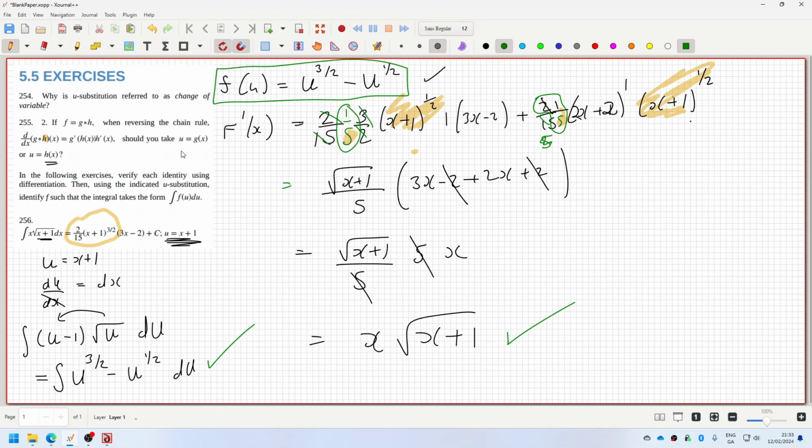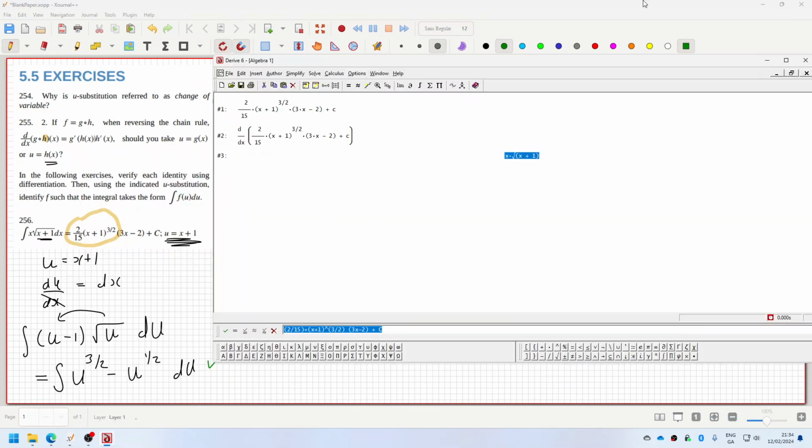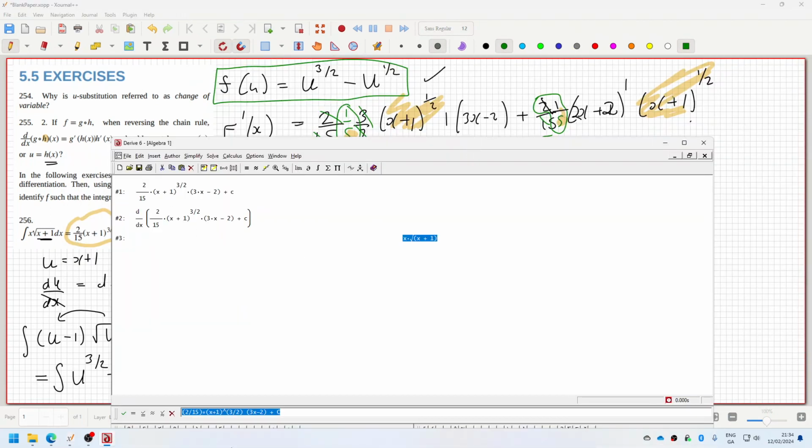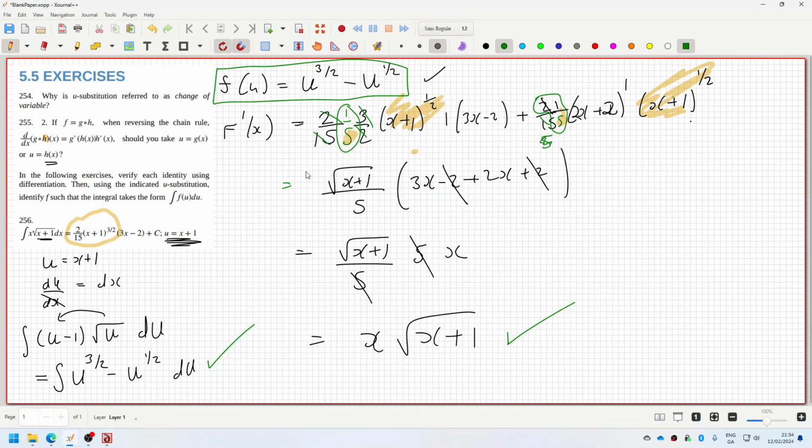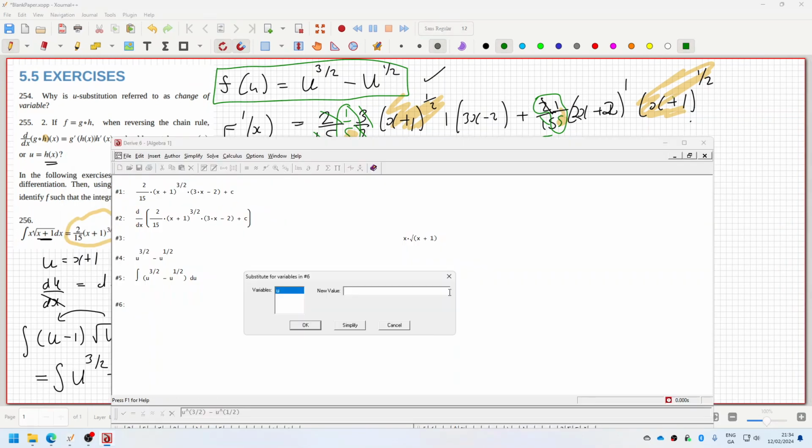So I think we're okay now with this question. I'll just check here something. So if I have u power 3 over 2 minus u power a half, and I integrate that, and then I sub in x plus 1 for u.